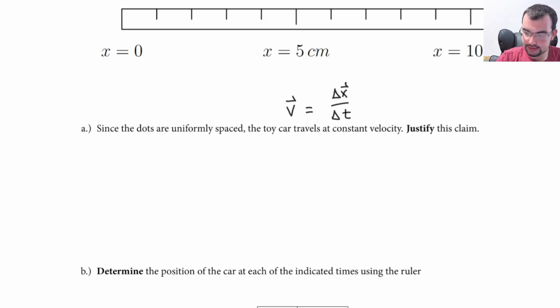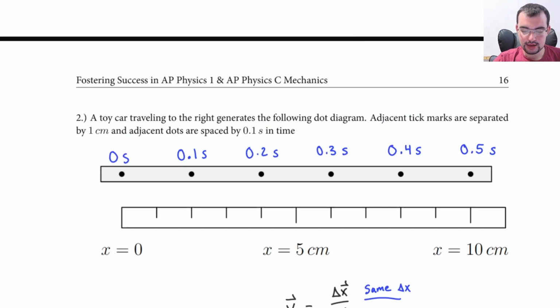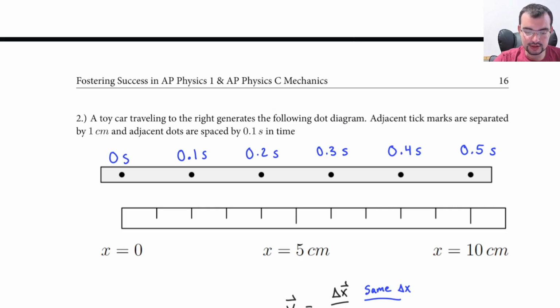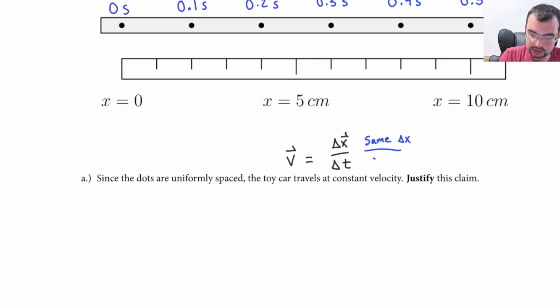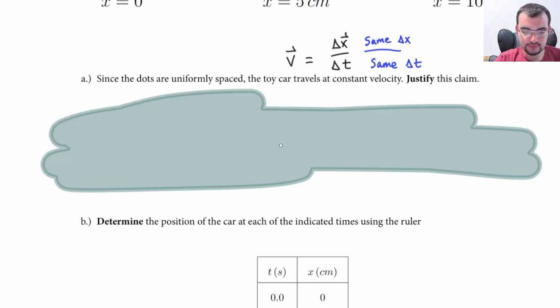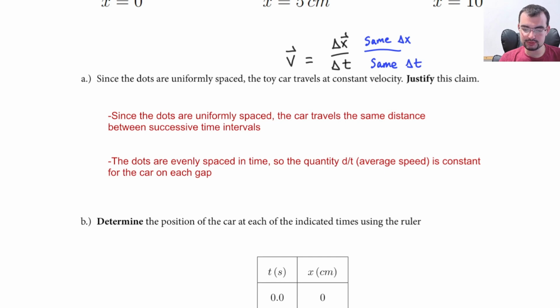So notice that since the gaps are the same, it means we have the same delta x every time interval. And since the dots are evenly spaced, we can also conclude that it's the same delta t. So since the dots are uniformly spaced, we travel the same distance between each interval. And also, since the dots are equally spaced in time, we go same distance, same time. So therefore, same d, same t. So d over t is the same.